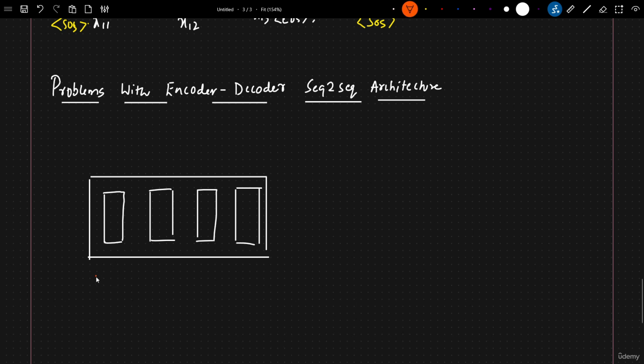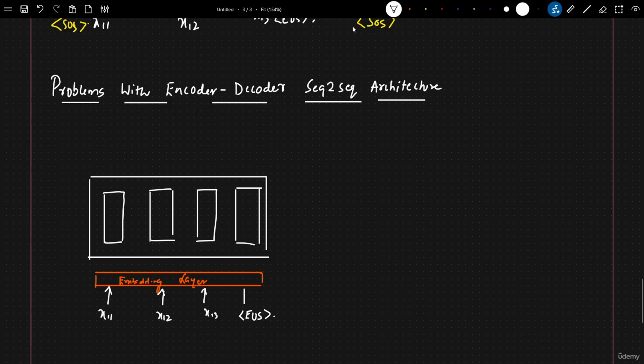And here you know that we specifically use an embedding layer. Now here we are going to give x11, let's say this is just for the first sentence, x12, x13, and this will be my x14, which is end of sentence.